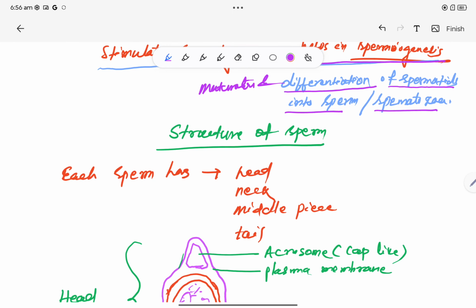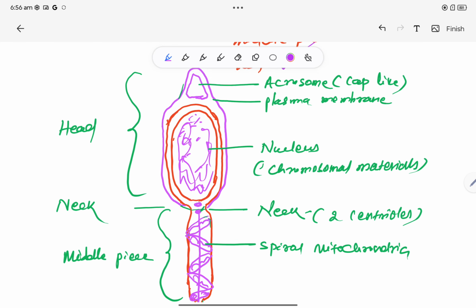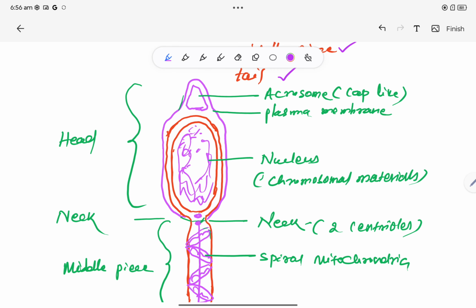Now the structure of a sperm. Each sperm has a head, neck, middle piece and tail. So let me show you the structure of sperm. This portion is the head. From here to here it is head. The head has a cap-like structure, that is acrosome, which contains hydrolytic enzymes, and its function I will tell you later on.